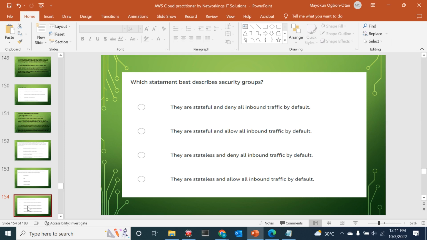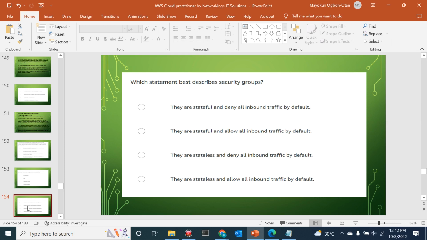So far, you think it's either A or B. A. You say security groups are stateful? No, I choose A. It's stateless. A denies all inbound traffic by default. A sounds sensible, yes.